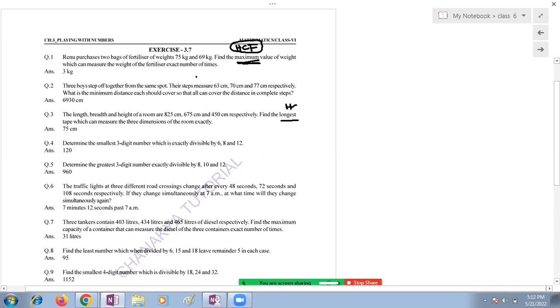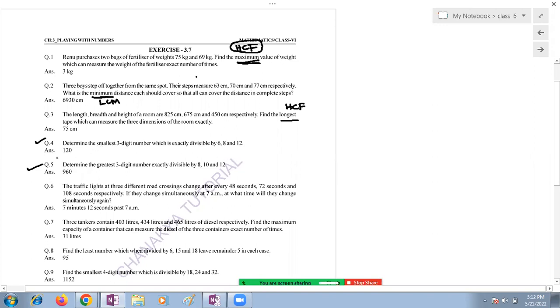Yes or no? In this case also you need to find HCF. And suppose here it is minimum, that means LCM. See, children, these are very important before you read your question. But in some cases, we need to find only the exact divisor. Divisor means factor.